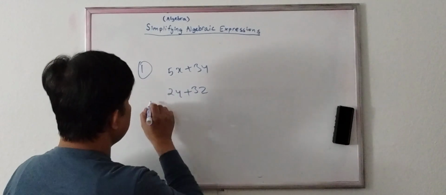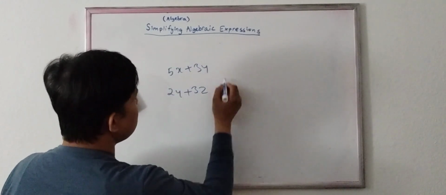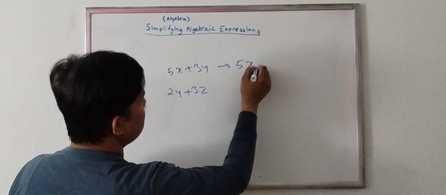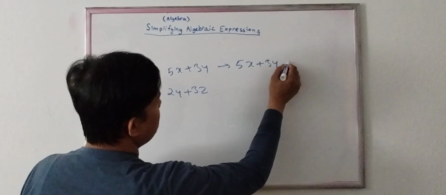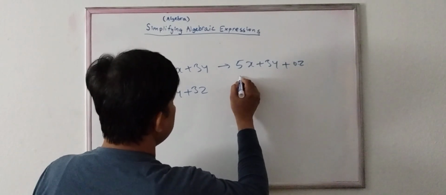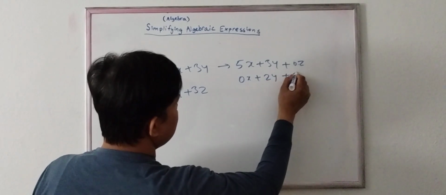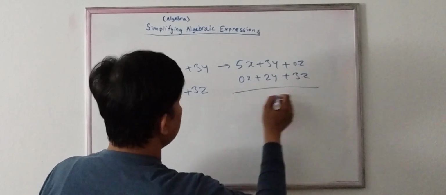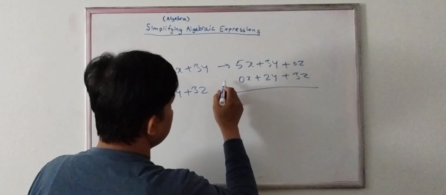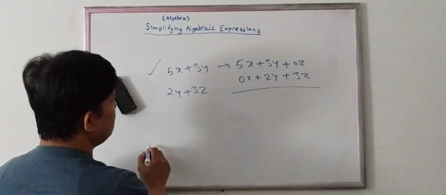So you can make it 5x plus 3y plus 0z and 0x plus 2y plus 3z, and then you can apply the sum or subtraction, whatever it is asking.